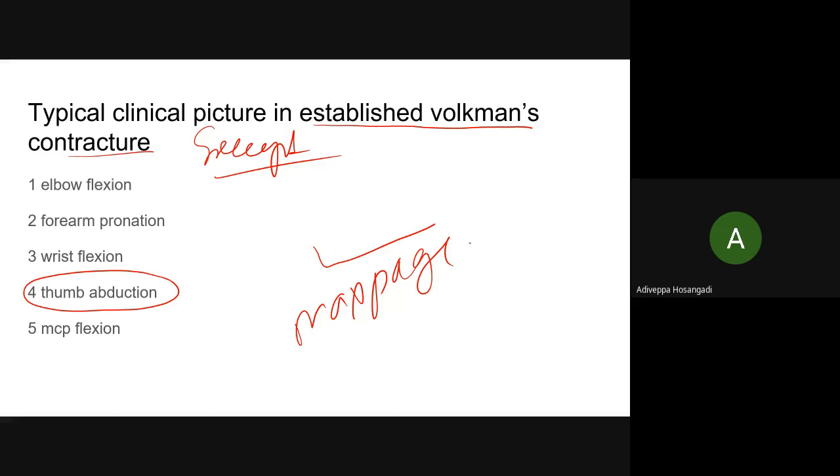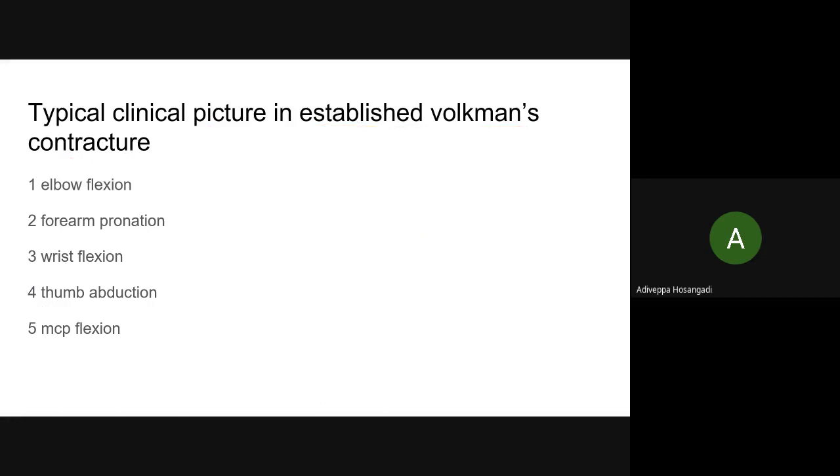Muscles undergo necrosis, it becomes fibrosis, they lose stretchability and contractility, and it becomes a tight cord. The most commonly affected muscle is flexor digitorum profundus, the deep compartment in the forearm and the posterior compartment in the leg.